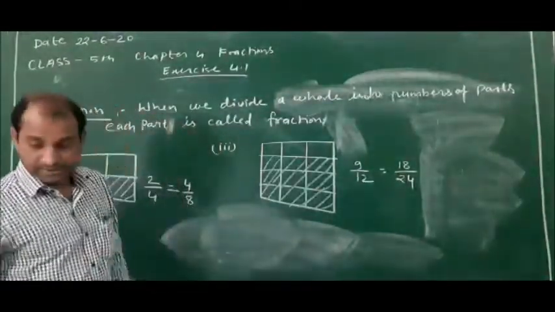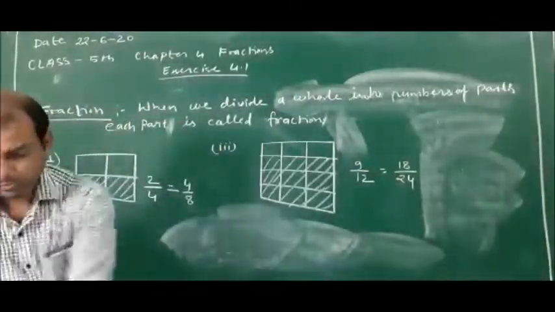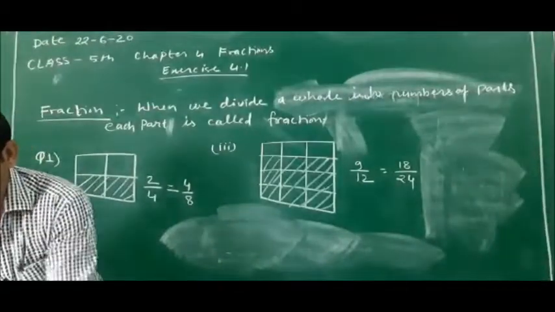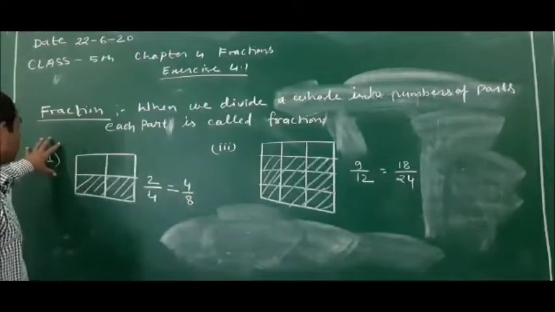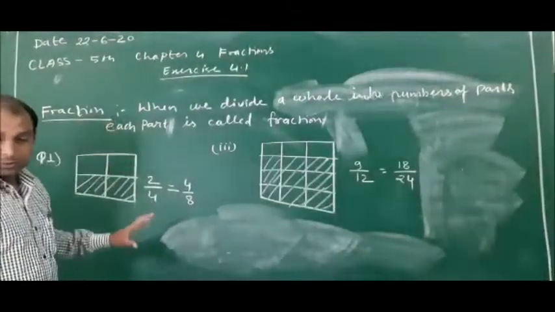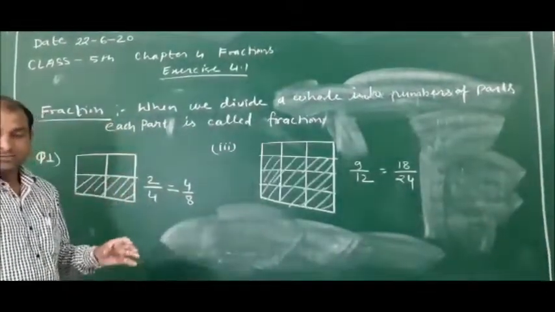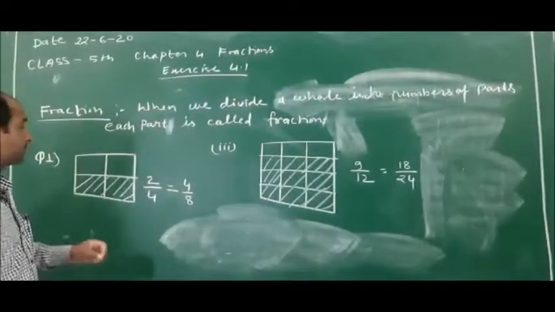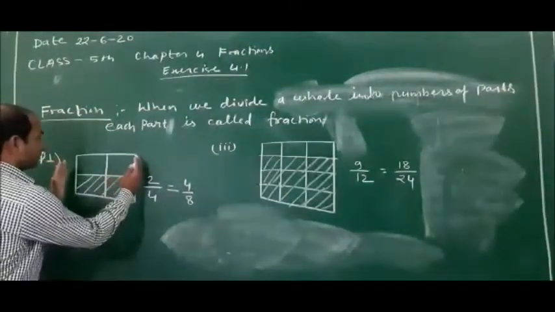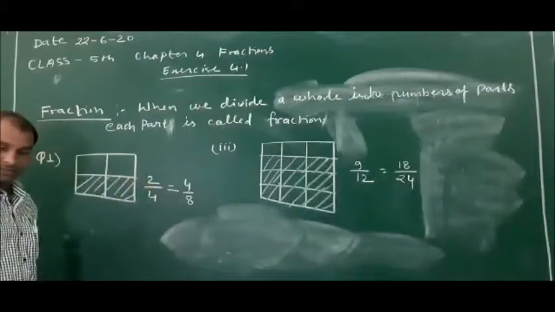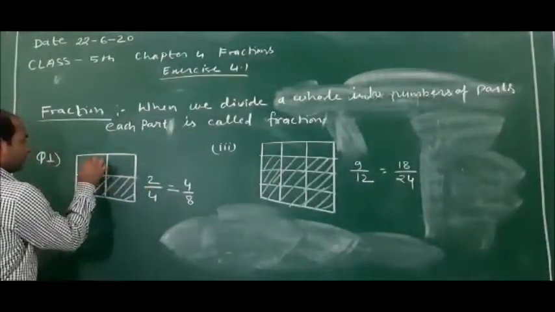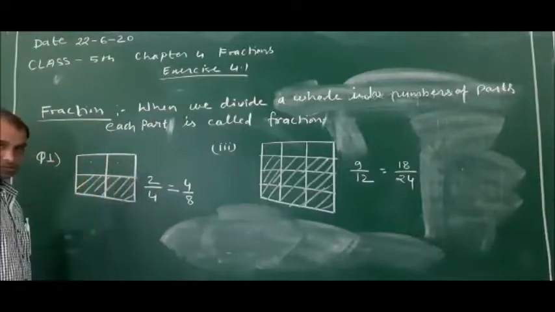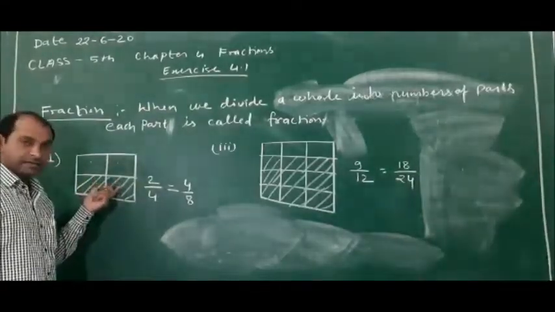Now the exercise, we go to exercise 4.1. First question, write two equivalent fractions for each colored figure. देखिए यहां पे फर्स्ट क्वेश्चन आपके बुक में लिखा है, there are 4 boxes, 1 2 3 4 boxes, 2 boxes are shaded.